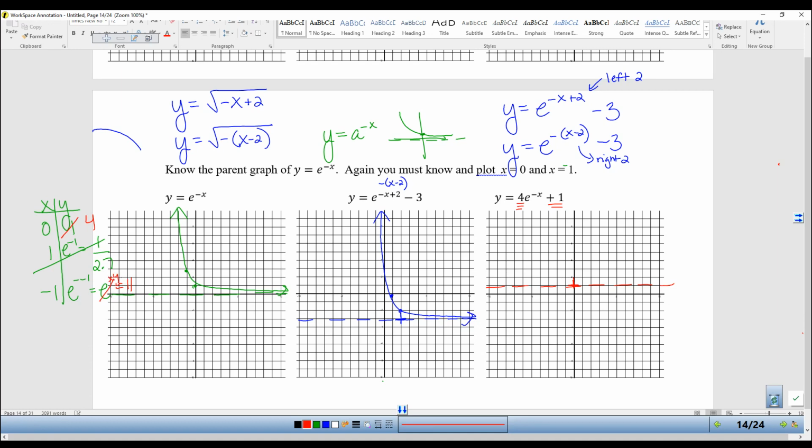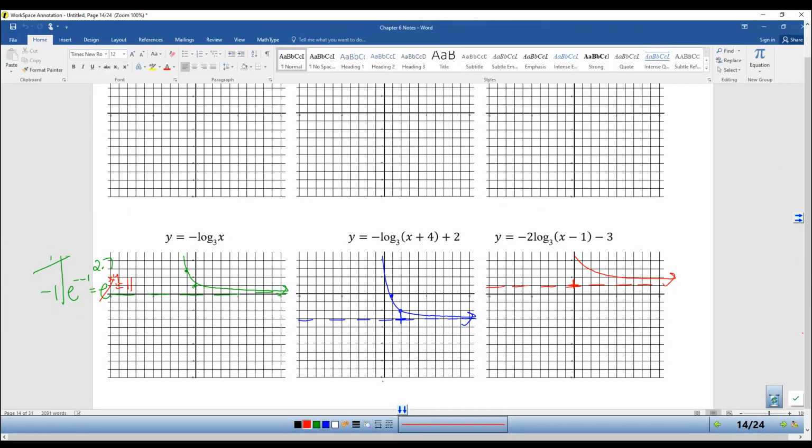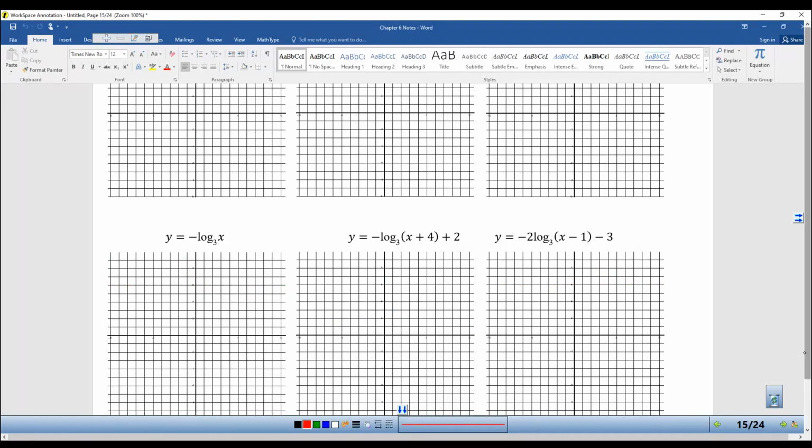It's not perfect. Okay, so I'm going to plot my 0, 1, 2, 3, 4, and I can't even reach that negative 11, but just make sure you don't go past that line, and it must come down and look like that.